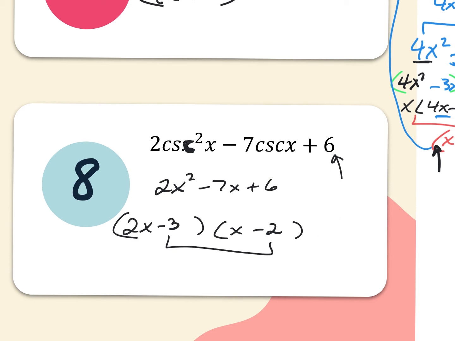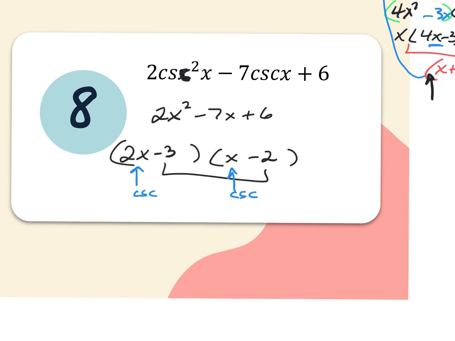So now that I found the correct factors, now I can go back and put in the cosecant in front of this x. So final factors here are going to be 2 cosecant x minus 3, and then cosecant x minus 2.